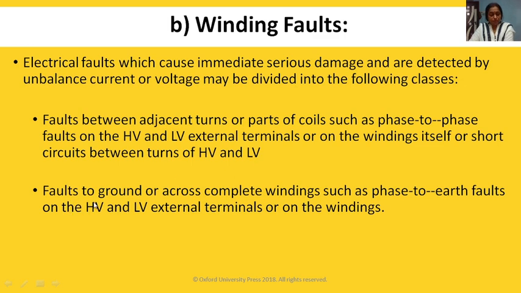Second, phase to phase fault and phase to ground. Faults to ground or across complete windings, such as phase to earth faults on HV and LV external terminals or on the windings, either phase to phase or phase to earth in the winding faults.